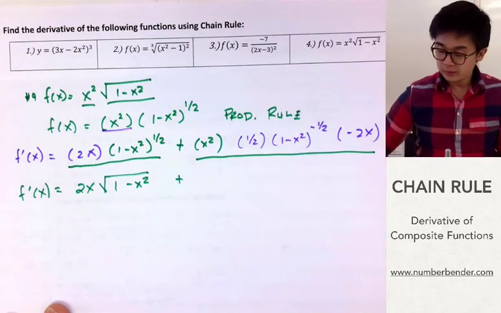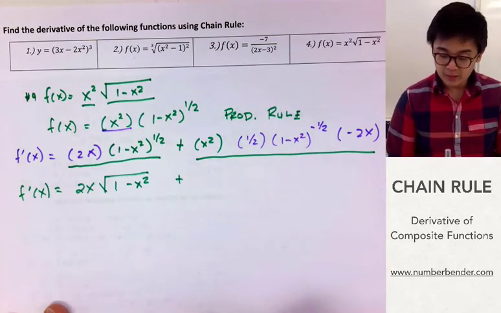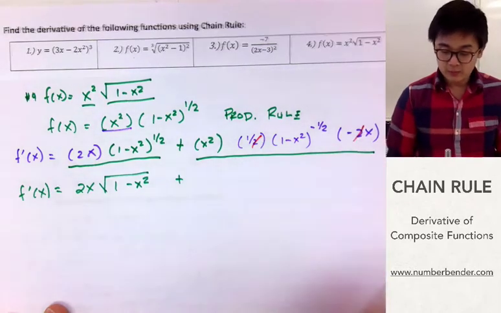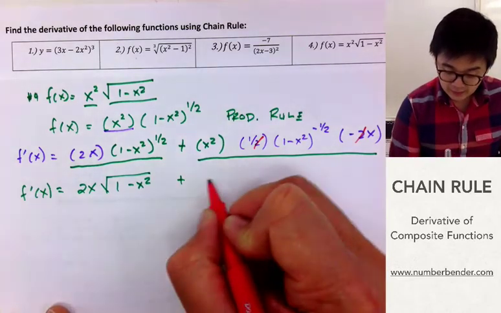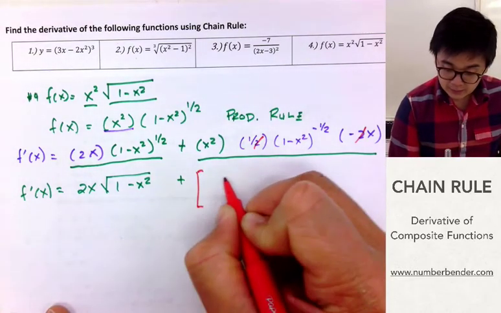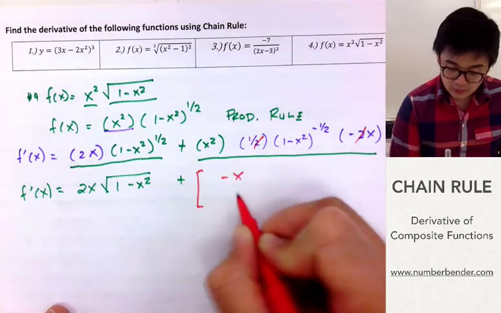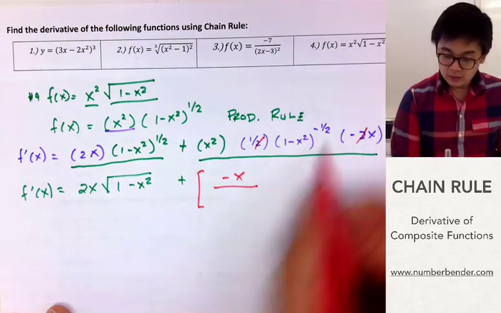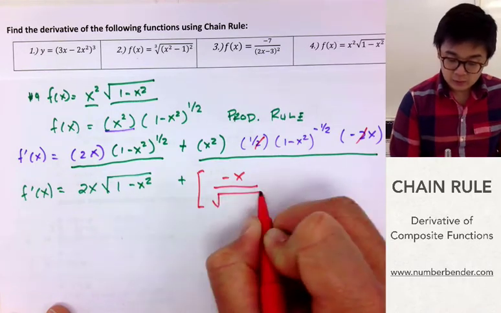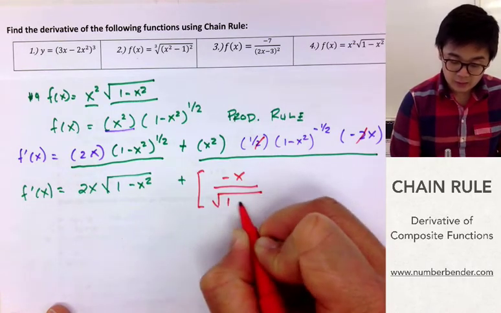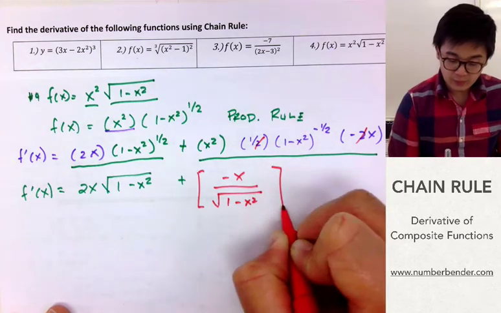And the other group, we can simplify it by simplifying the product of 1/2 and negative 2x, and we'll have negative x, and the negative 1/2 exponent can be rewritten as a square root in the denominator, square root of 1 minus x squared.